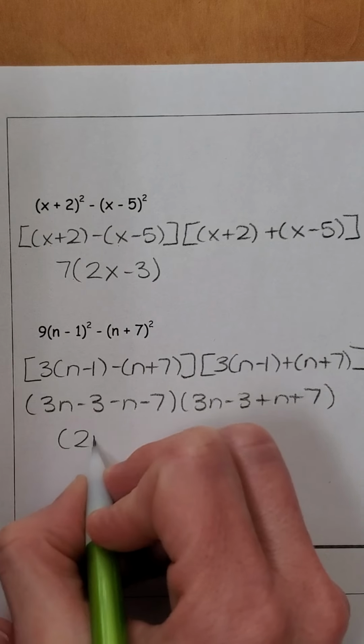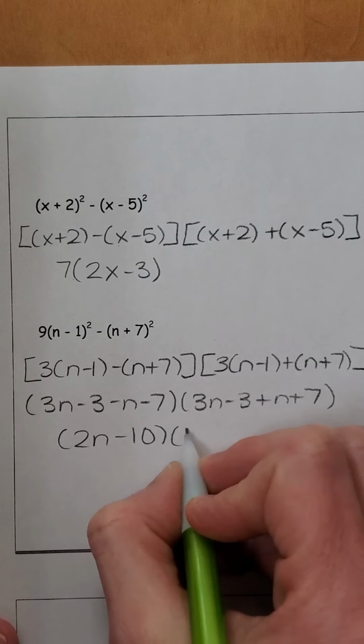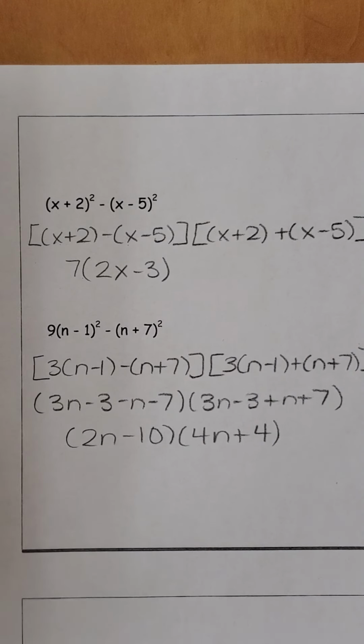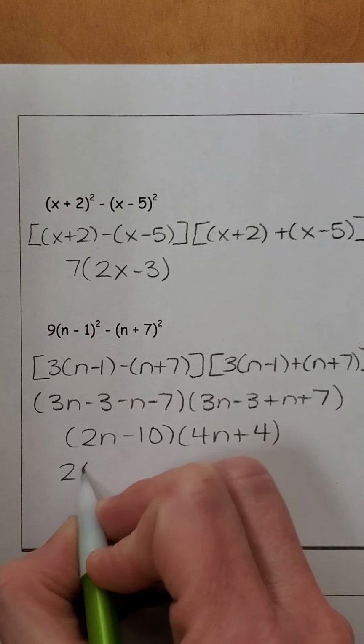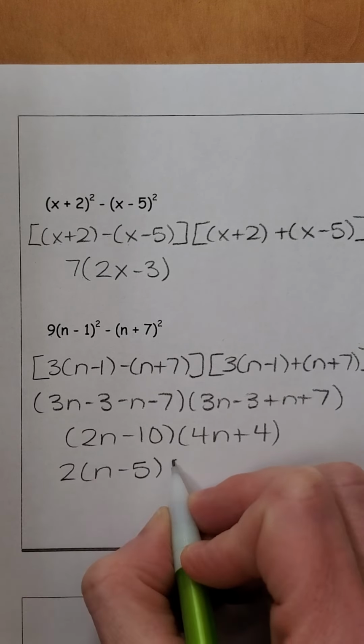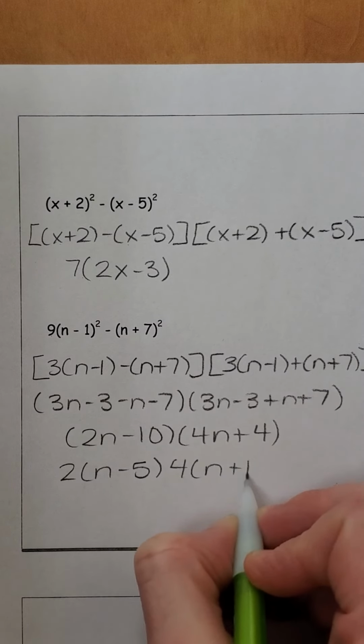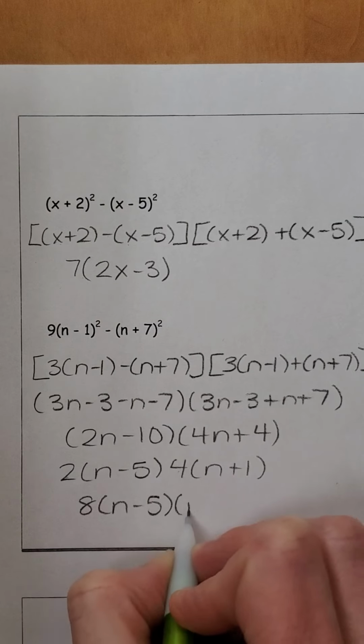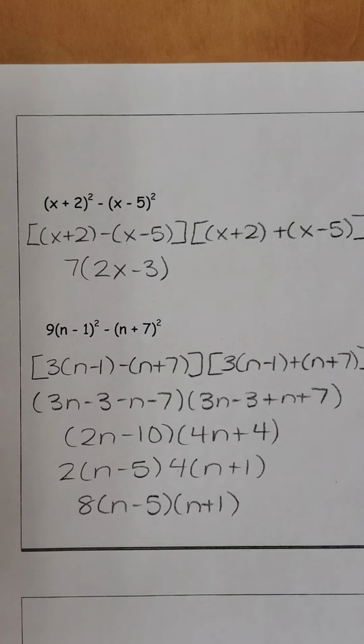So simplify again, 2n minus 10, 4n plus 4, and then we have to double check our binomials and make sure that there isn't a GCF, and there's a GCF in both. So we'll take a 2 out of this one, and a 4 out of this one, multiply them together, and that's our simplified answer.